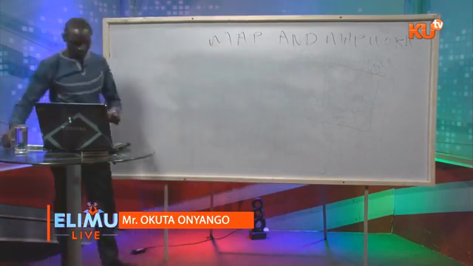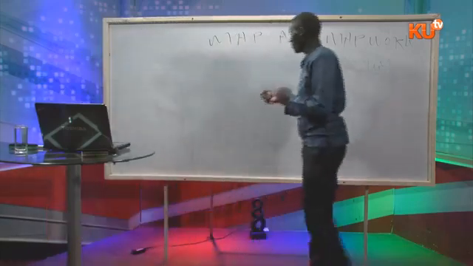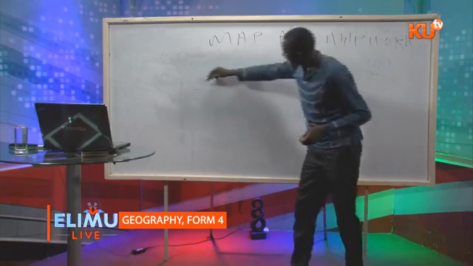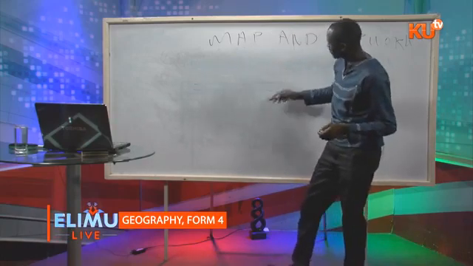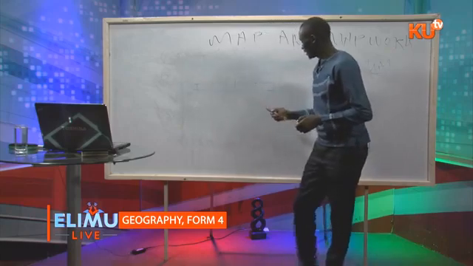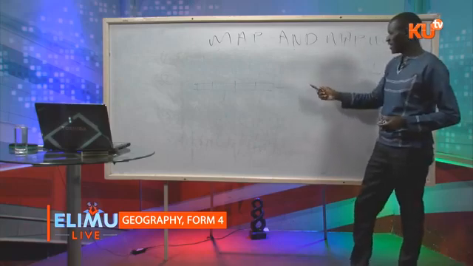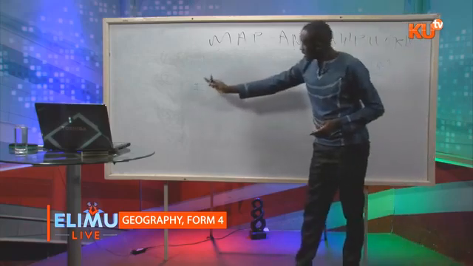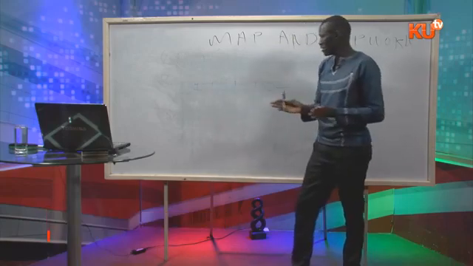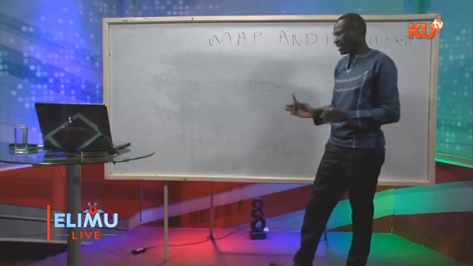And then the last one is the linear scale. Usually, when you look at the bottom of your map, you'll normally see a line that has been divided. This line represents what we call the linear scale. It is linear because the numbers have been depicted at the same intervals, divided equally.